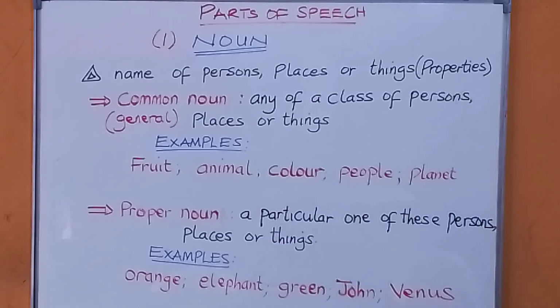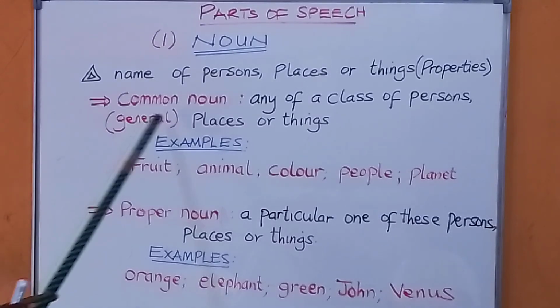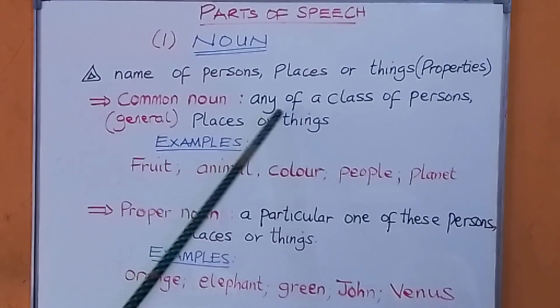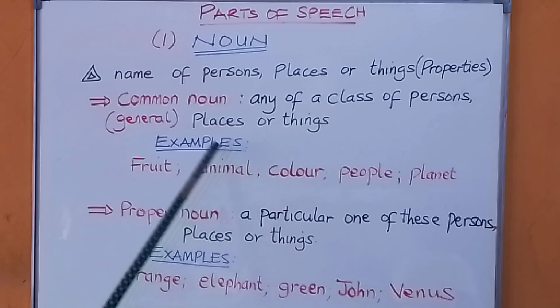Planet. That's a common noun. So when you say common noun, you are talking about the general name of persons, places, or things. That's what we call a common name.